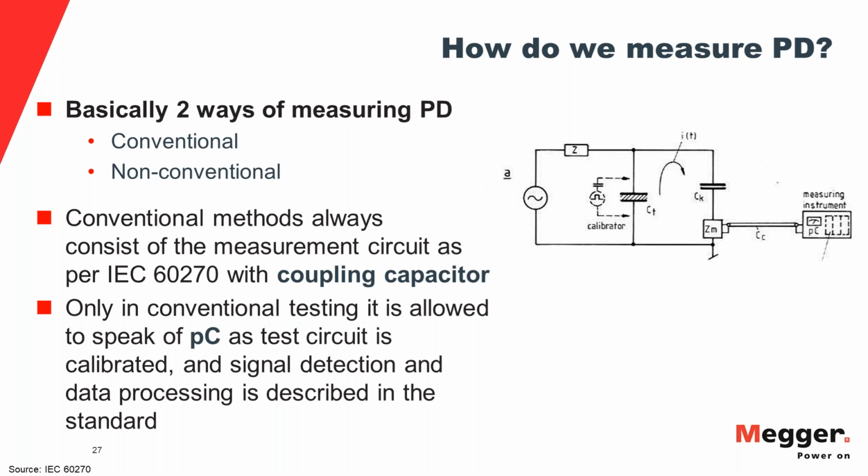So if you cut your frequency spectrum short, you're not integrating over the entire frequency spectrum anymore. You're calculating the weighing function differently from the pulses that you detect. Any of that, and you're leaving the realm of IEC 60270 testing.